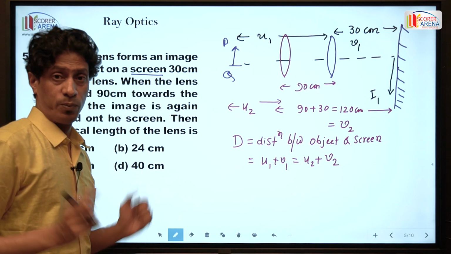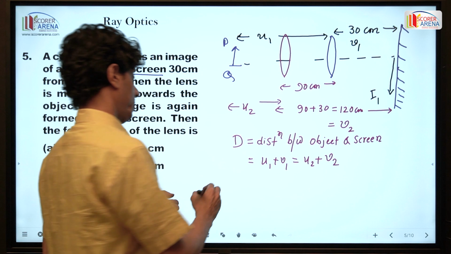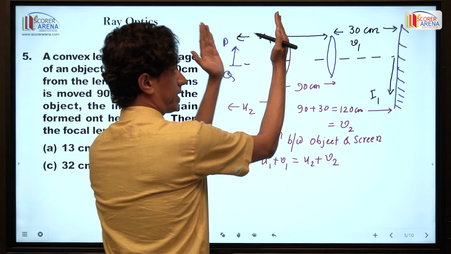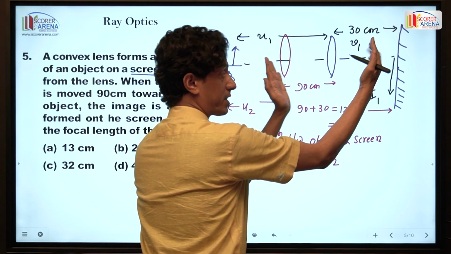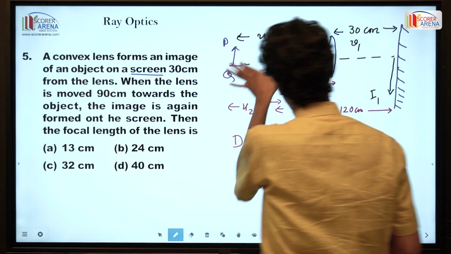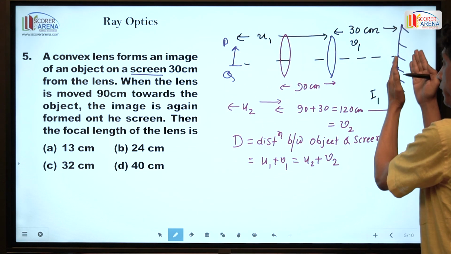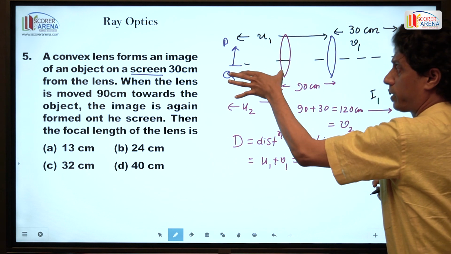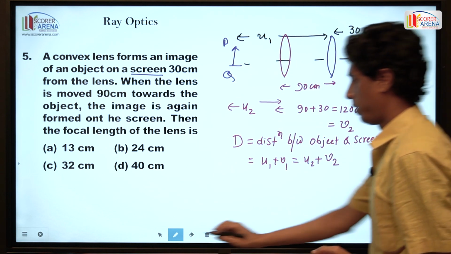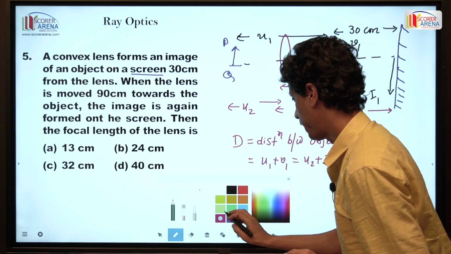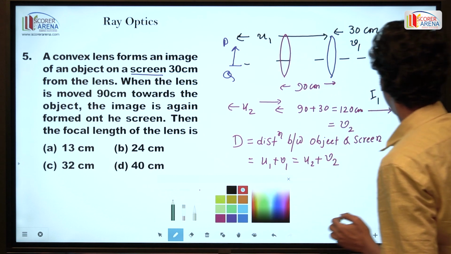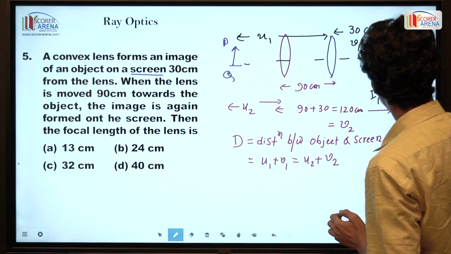And you know the object distances and the image distances. Again, at object distance U1 you can get the real image here. At object distance U2 we get a real image on the screen.